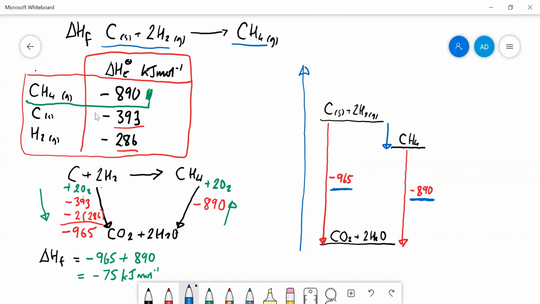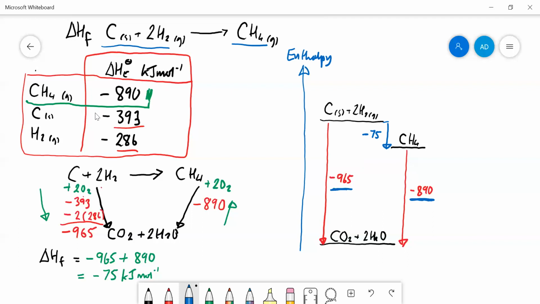That's going to give us 75. And then we think about the sign. Well, the arrow is going down, so that tells us the sign should be negative because it's an exothermic change. Okay, so that's how you do that one, using one of these enthalpy diagrams rather than as a Hess's law cycle.